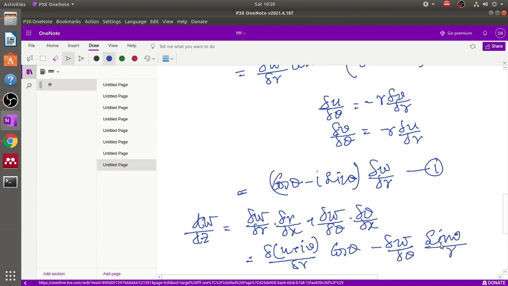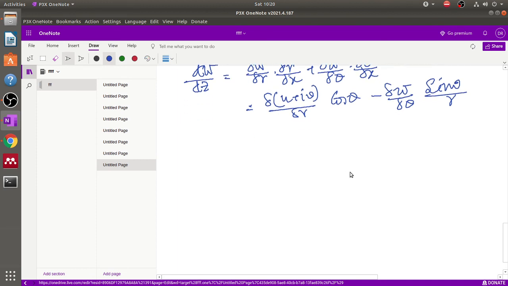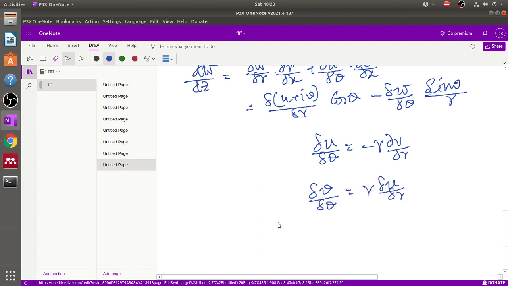Now if we put this value, minus r del v by del r and del v by del theta equals r del u by del r, and after some mathematical computation we get minus i by r.